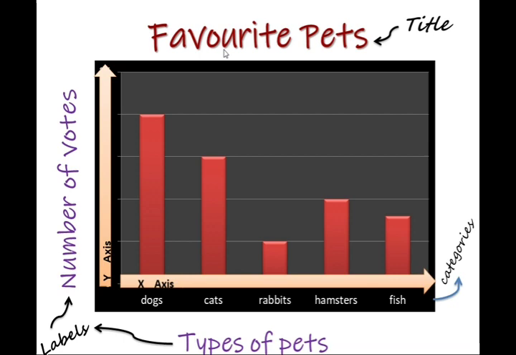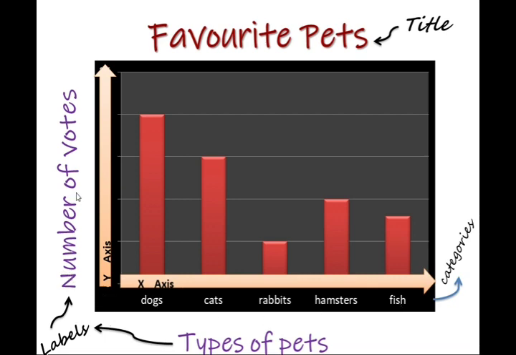By looking at my title, Favorite Pets, by looking at the label of the x-axis, which is types of pets, and the label that says number of votes, I can now understand that this bar graph is all about the number of people who voted for, for instance, dogs as their favorite pets, or how many people voted for cats, rabbits, hamsters, or fish as their favorite pets.